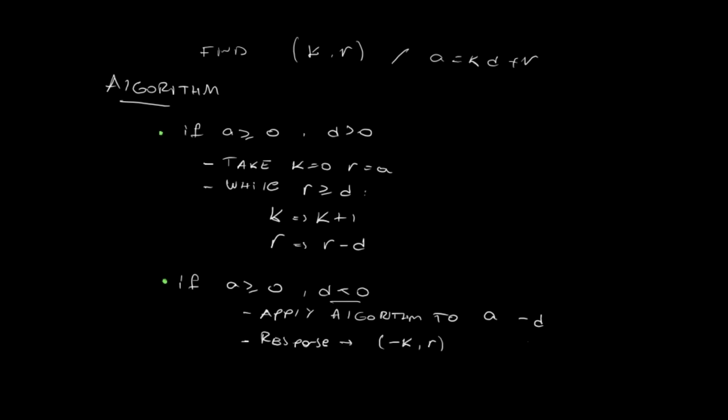I'm going to apply the algorithm for that D. I'm going to do all this, and then I'm going to have as a result, when R is smaller than D, KR, and that result will be for this pair of numbers, A and minus D. So the only thing you have to do is change your K for minus K and keep the same R.